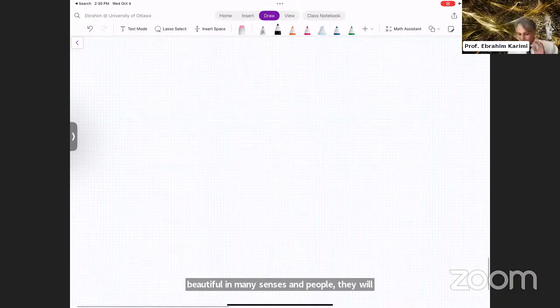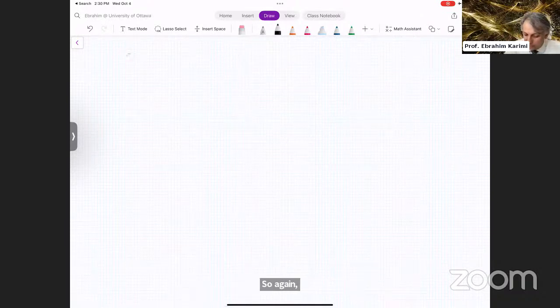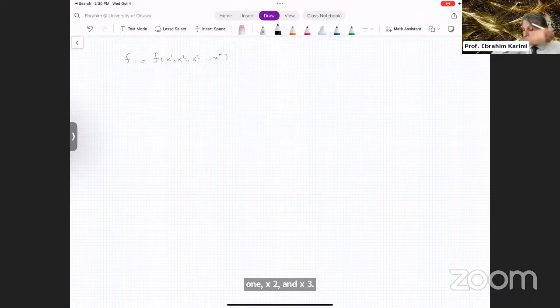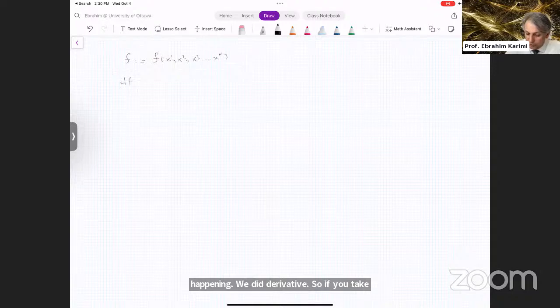So again, remember that's a scalar product of f, which in general can be a function of x1, x2, and x3 until xn. And we already introduced what is happening with the derivative. If you take the differential of the zero form, what you will get is the derivative of f with respect to x1 dx1, derivative of f with respect to x2 dx2, and derivative of f with respect to xn dxn.